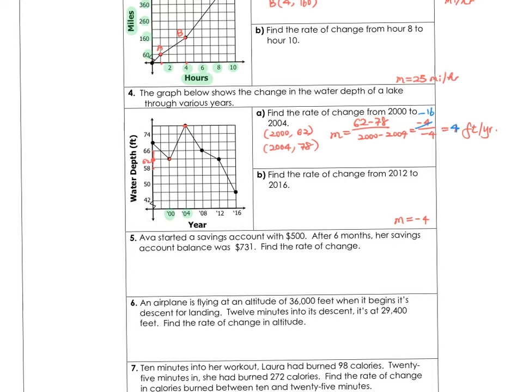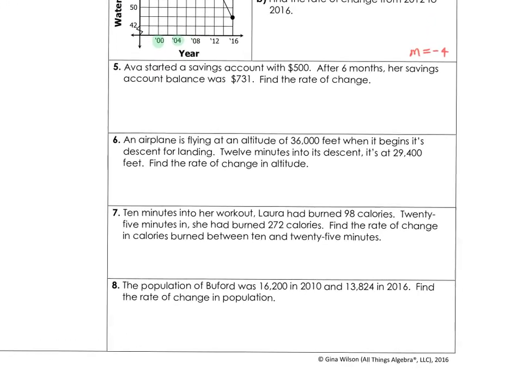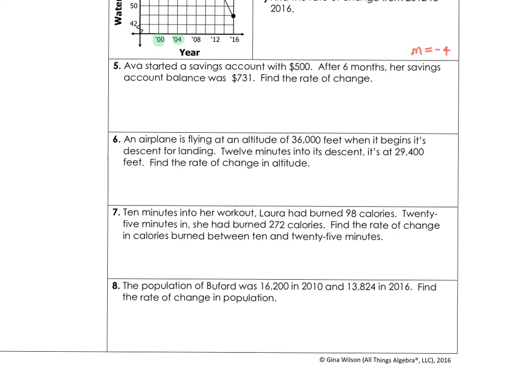Number 5, this type of problem is really interesting. I'm going to move it up. It says Ava started a savings account with $500. After 6 months, her savings account balance was $731. Find the rate of change. So again, line up the data. Month 0, before you reach the first month, you've got $500. In 6 months, it went up to $731.